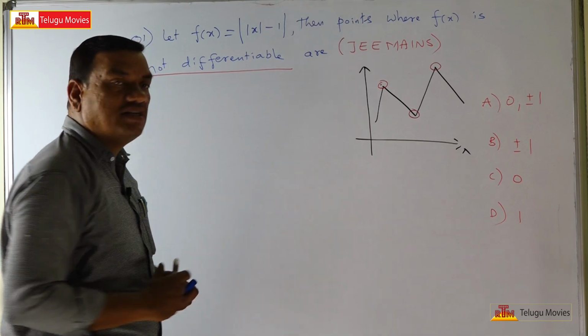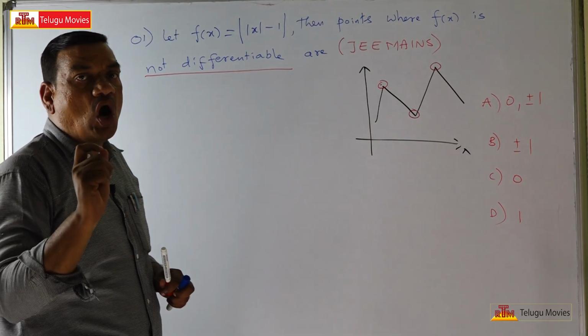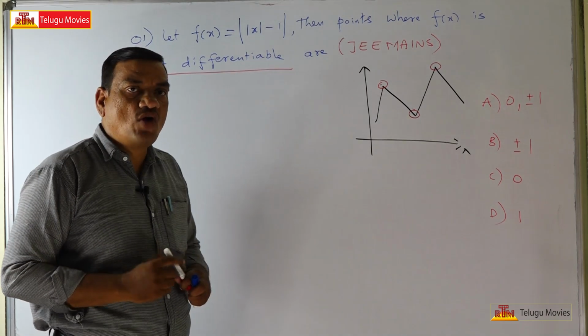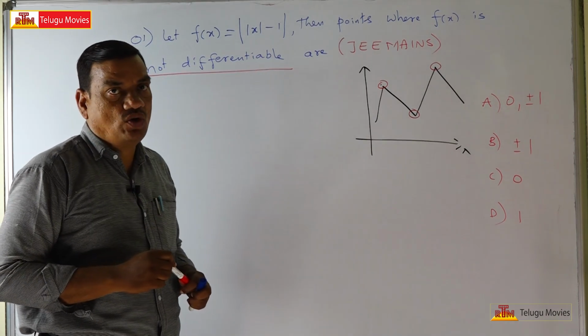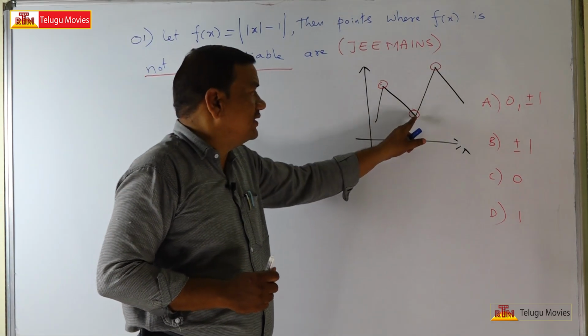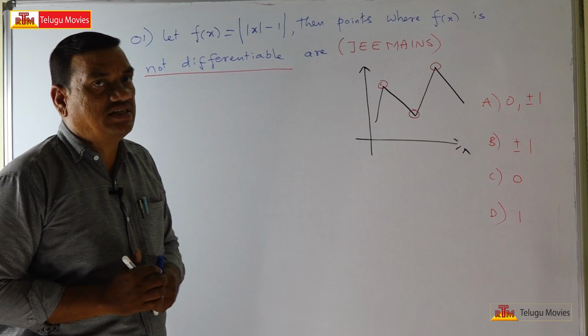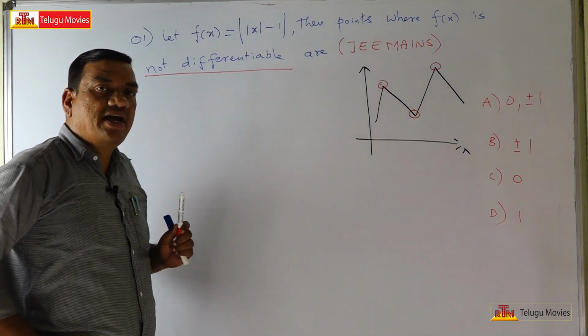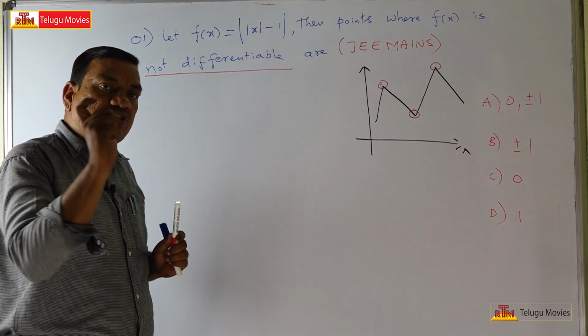At the sharp edges, a function is not differentiable. Understand? Why? Because at this point there exist an infinite number of tangents. So at the sharp edge points, the function is not differentiable.